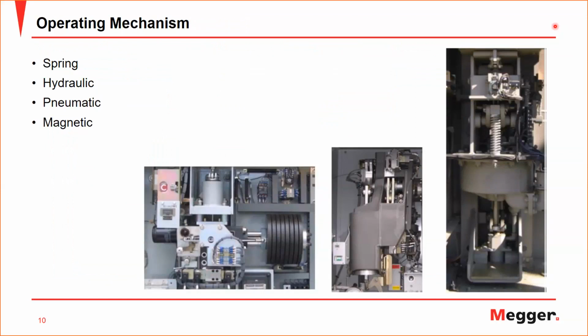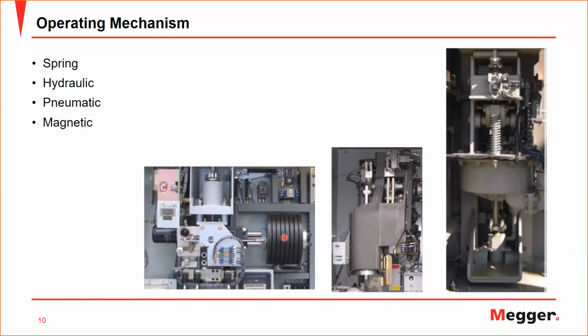There are many technologies and types of operating mechanism. Here I'm just mentioning some. For example, there is a spring type, where we store the energy in a spring, either by expanding or by pressing the spring.